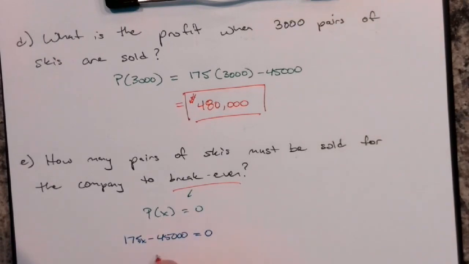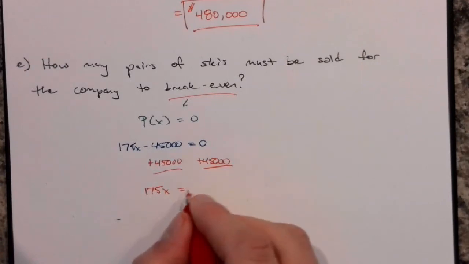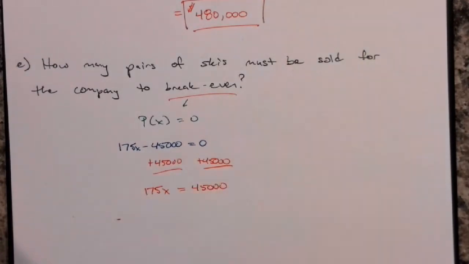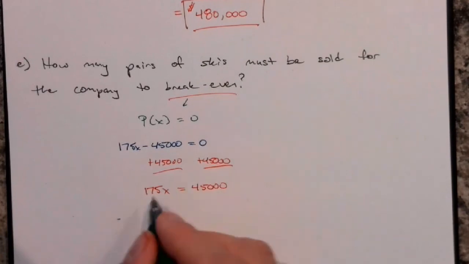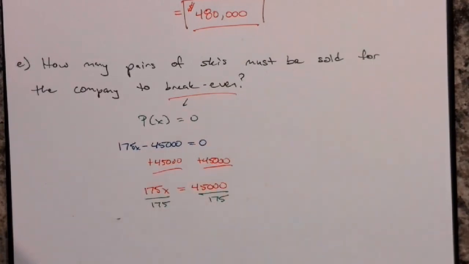So you want to isolate the term that has X, so I'm going to add 45,000 to each side. You end up with 175X is equal to 45,000, and then you divide both sides by 175.